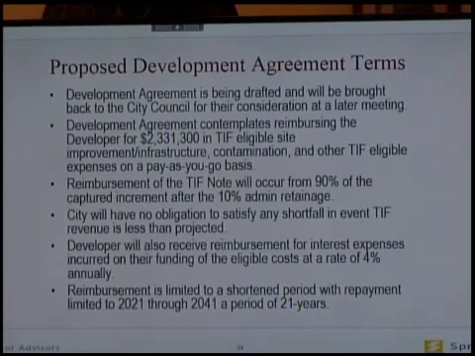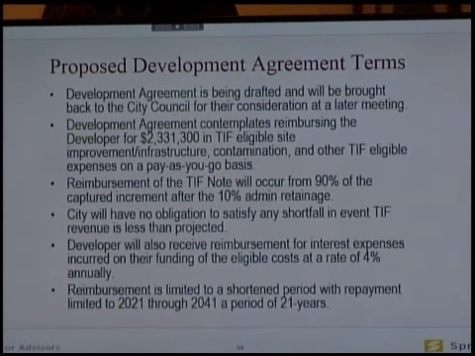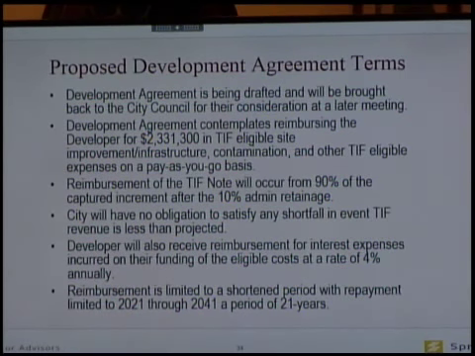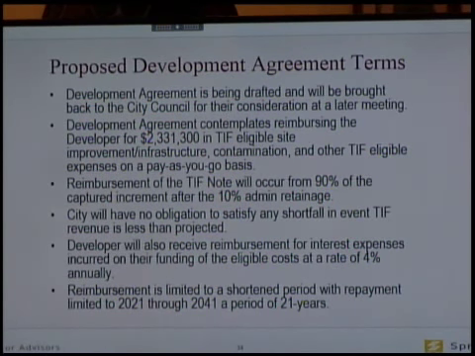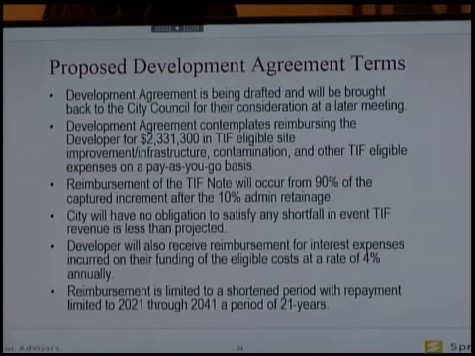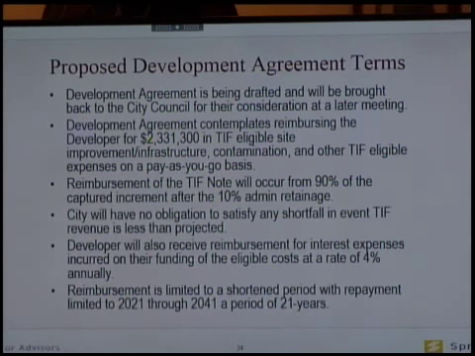Reimbursement of the TIF note will occur from 90% of the increment because the city retains 10% to pay administrative costs. And beyond what you agree to, you have no obligation to satisfy any shortfall in the event that the market value decreases or something changes that impacts the amount of tax increment generated.